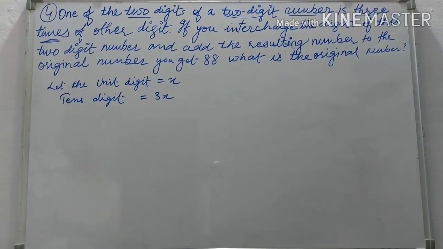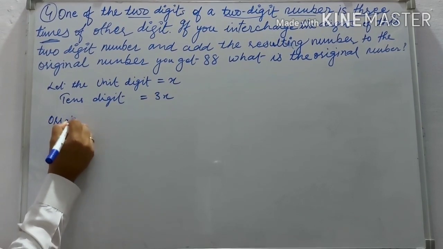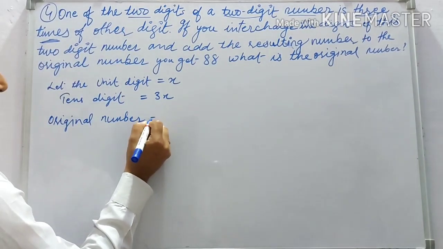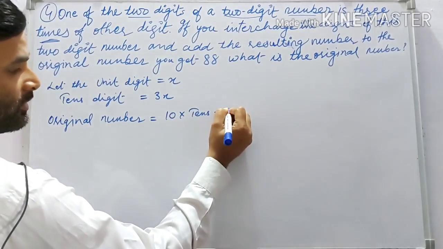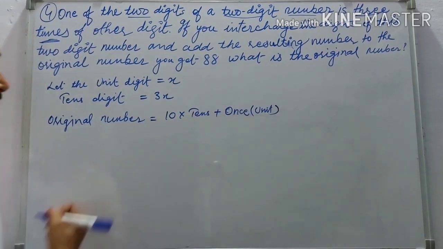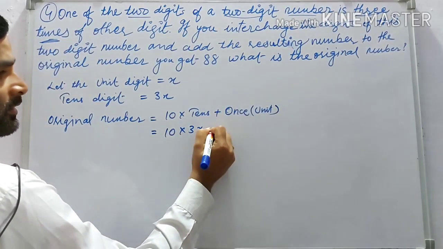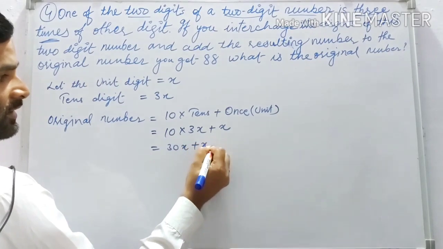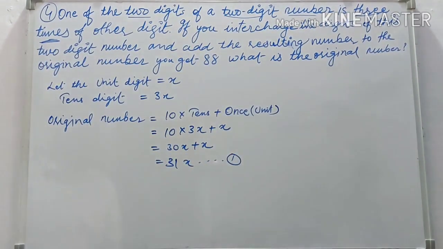The original two-digit number is 10 into the tens digit plus the units digit. So this is 10 into 3x plus x, equal to 30x plus x, equal to 31x. This is the original number.